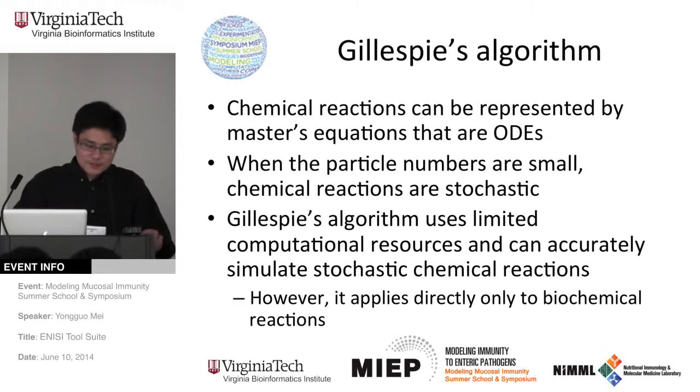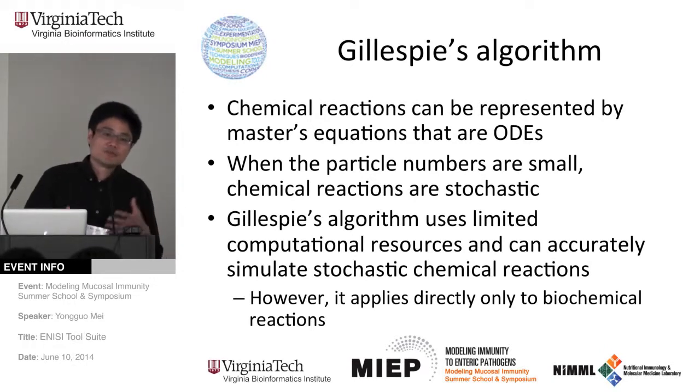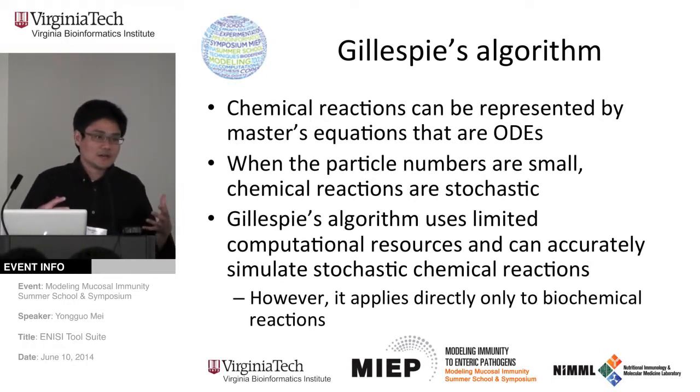For stochastic modeling, probably many of you know Gillespie's algorithm. It was originally developed for chemical or biochemical reactions. If the reactants are well mixed, you can use the master equations, right?